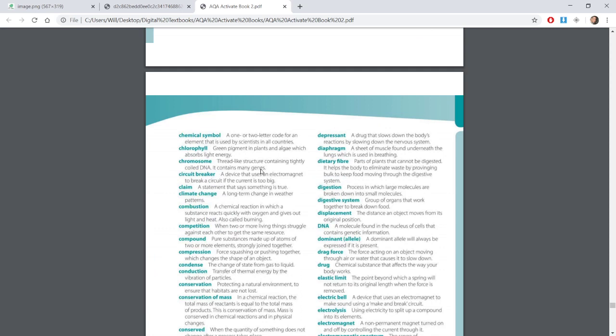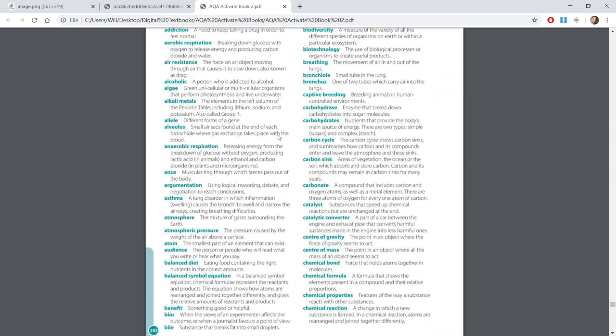It contains many genes. As you come across a new word in a lesson, whether it is in a video that I do, where I will try to show you where the word is and bring your attention to it explicitly, or in another video, look out for the keywords. Again, I'll try and highlight them so you're not getting bogged down in words like hemoglobin or nucleotide.